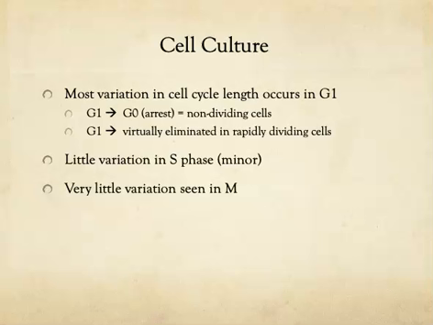When we look at cells from different parts of the body and we compare their normal generation time, one of the things that we notice is that most of the variation occurs in the gaps. In other words, a very rapidly dividing cell next to a very slowly dividing cell shows most of the difference in the gap stages.